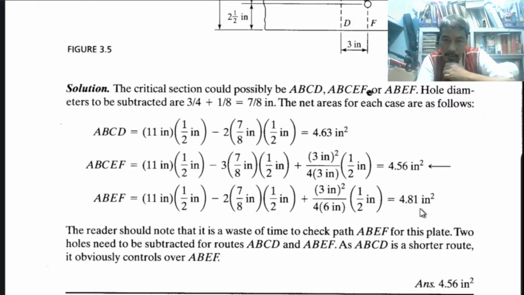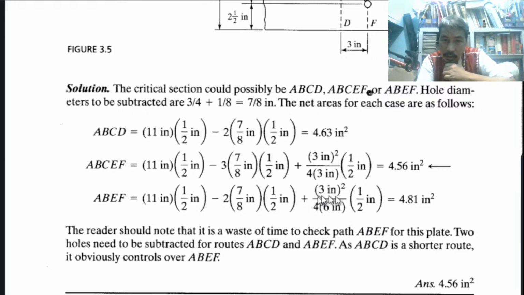Okay? 2 holes need to be subtracted for rows ABCD and ABEF. So there are 2 holes here. No need for these 2 because this would give you bigger. Why would you have to compute this? This one is equal to this one, and this one is plus this value.